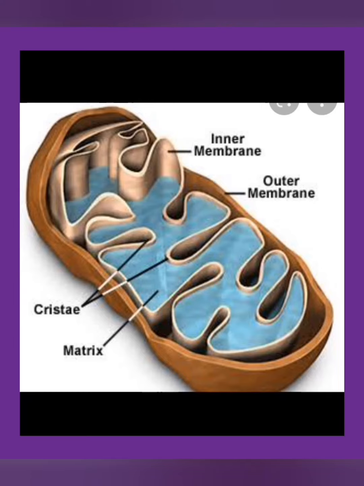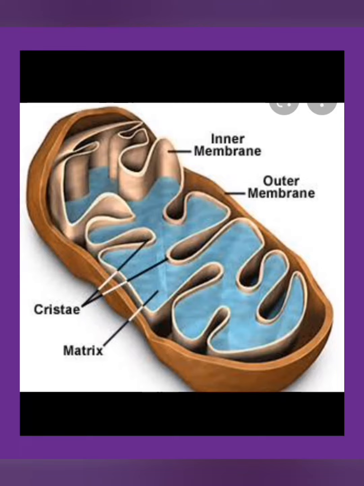These finger like projections in the inner membrane of the mitochondria are called cristae. The long ones, finger like, we call them cristae. Okay, and there is some fluid you can observe inside the mitochondria. This fluid is called matrix. Okay, very important points, remember this.